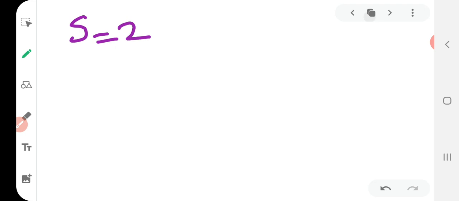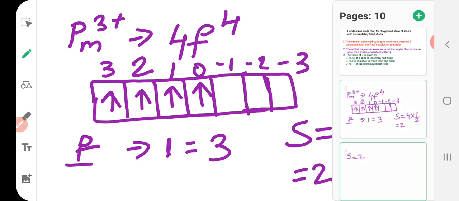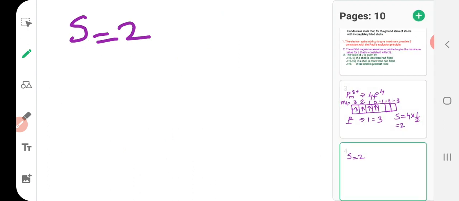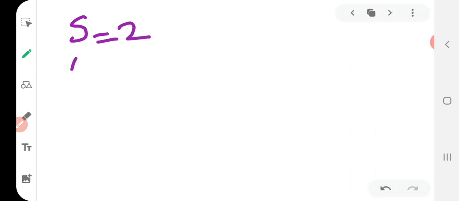Next we have to find L. We have to add all the ml values here. Adding these ml values, 3 plus 2 plus 1 is 6. So L is equal to 6. So S is equal to 2, L is equal to 6.